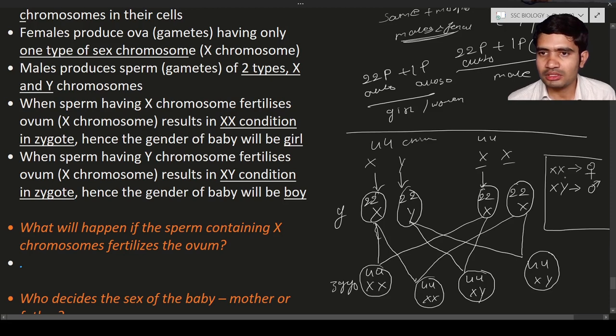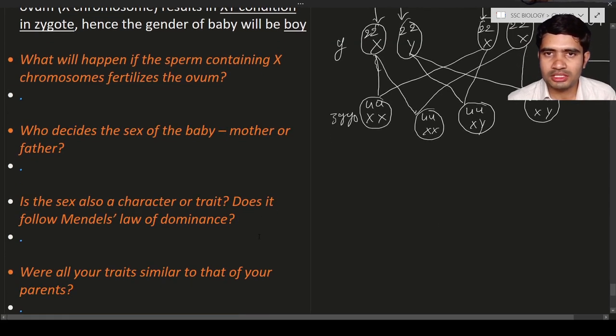Based upon this, what is the first zygote? Here you can see the X and X chromosome containing zygote; then it is known as female, which means the gender of the baby will be a girl.